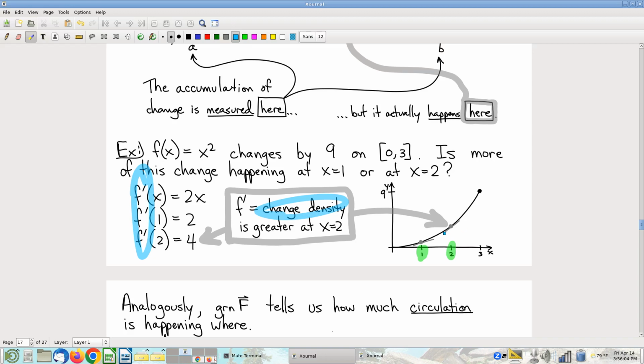You can see that there's more change happening at the point 2 and less change happening at the point 1. And again, abusive language, I say at the point, what I mean is in intervals near the point and per unit size and all that, of course. But anyway, the point is that the density tells you where the stuff is coming from or where the stuff is in the interior.